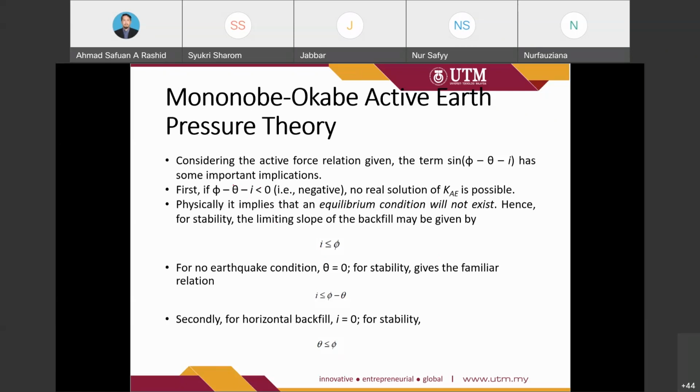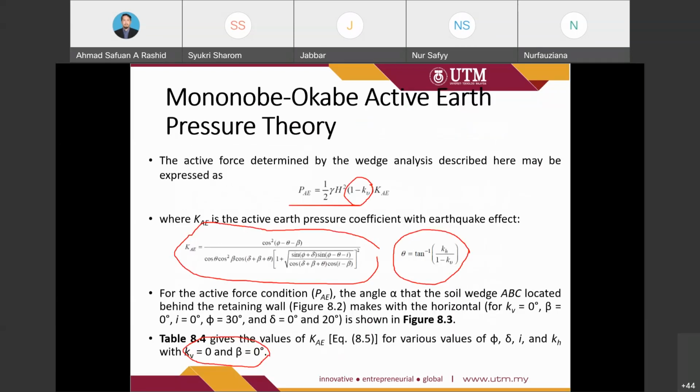We cannot control the theta because the theta is based on the earthquake condition.